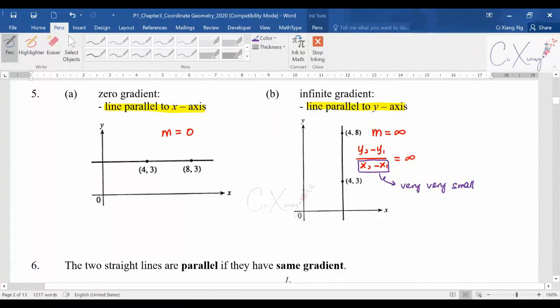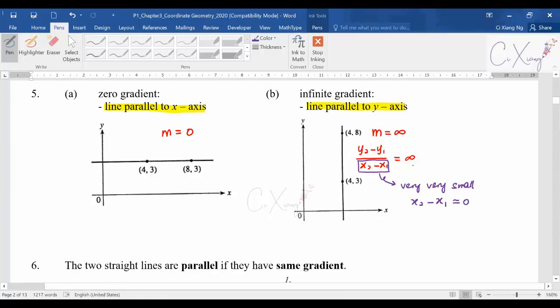So that a number divided by a very, very small number gives a very, very large value, which is infinity. So when we assume that x2 and x1 are very, very small, generally it is not wrong to write x2 and x1 equal to 0.